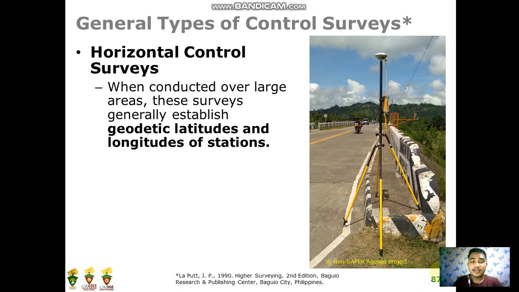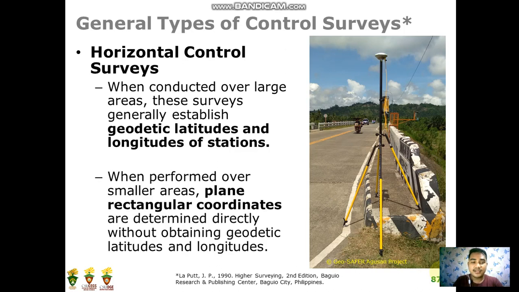Okay, horizontal, so two-dimensional lang gid siya. And when performed over small areas, plane rectangular coordinates are determined directly without obtaining geodetic latitudes and longitudes. Okay, ginagmay raman siya. So, pwede rin siya malabugan din ang coordinates directly.